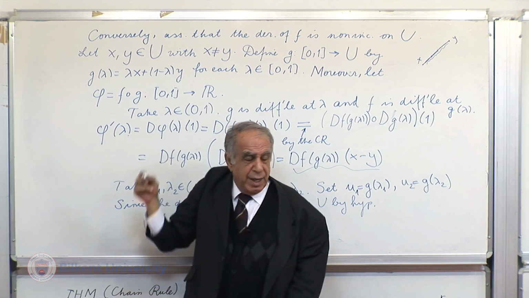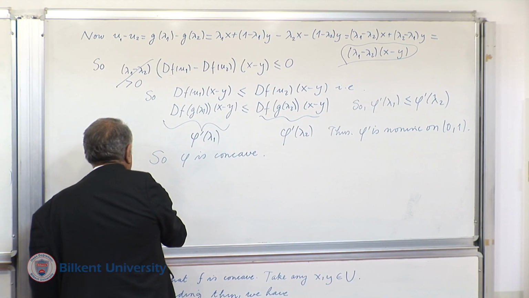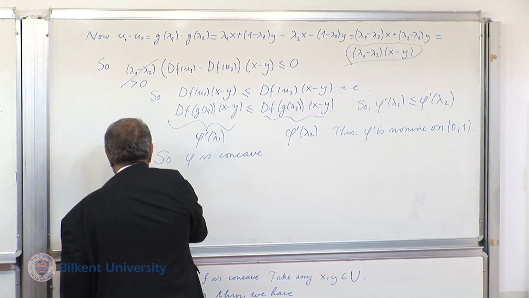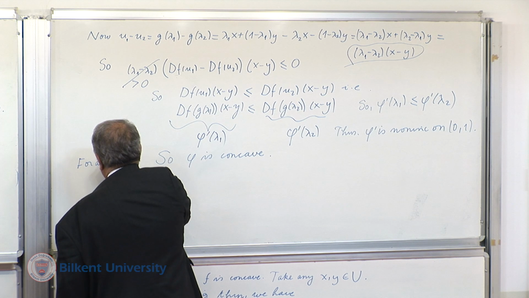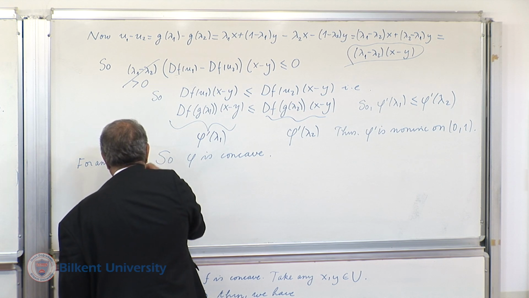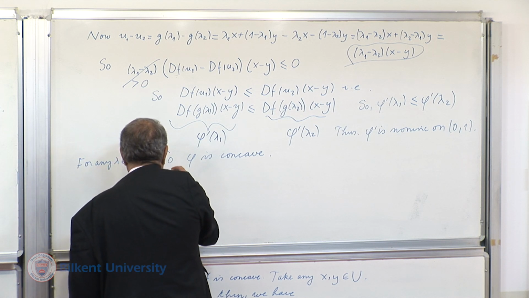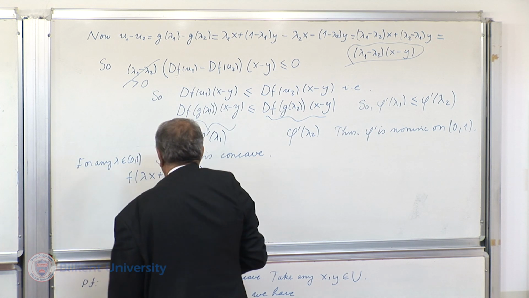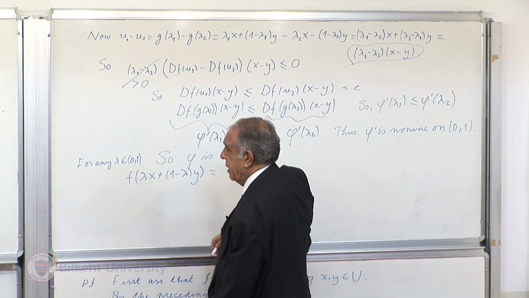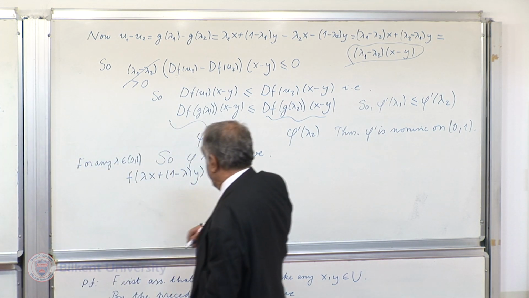Okay? So now for any lambda in 0, 1, f of lambda x plus 1 minus lambda y is simply phi of lambda.